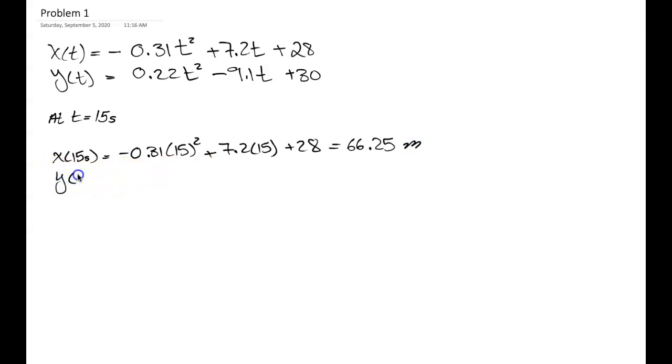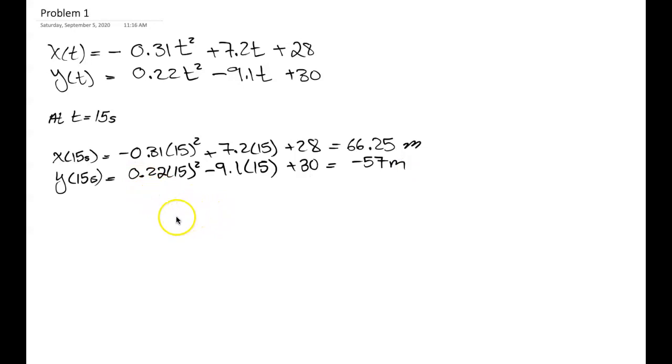And then we'll do similarly for the y function. We plug in 15 for t in the y equation, and we get an answer of negative 57 meters in the y direction.